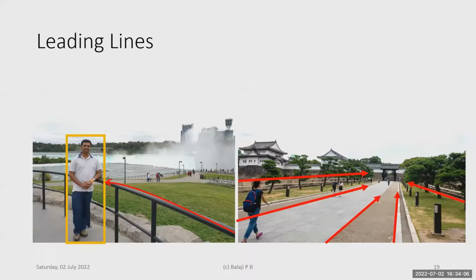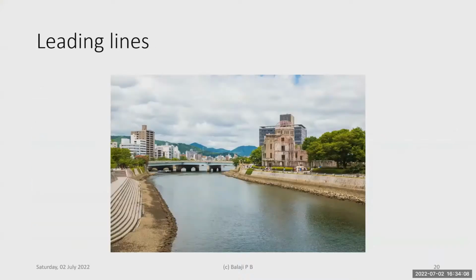Let me give you another example of a leading line. This is, I think, the Hiroshima site, where the nuclear bombing happened. This is the only building that was left standing in 1946. Everything else was destroyed, so that place they have converted to a museum. In this case, the building is the point of interest or the subject in this picture.